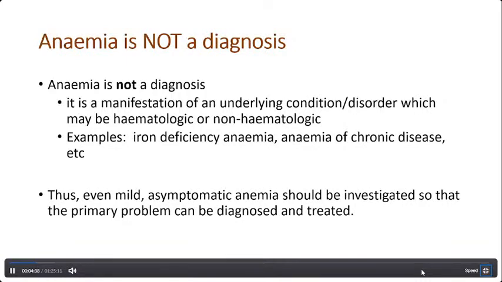And because of this, even a mild asymptomatic anemia should be investigated so that this primary problem can be treated before it becomes worse. It is detected early and treated early before it becomes worse. So even if somebody has a mild anemia, they have no symptoms, it was an incidental finding, you must always investigate and find out what is the cause.